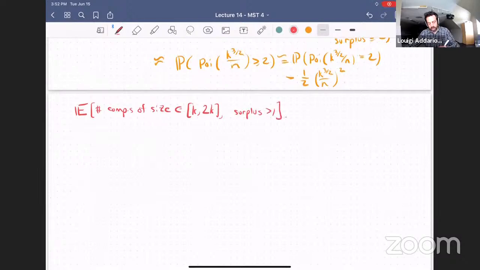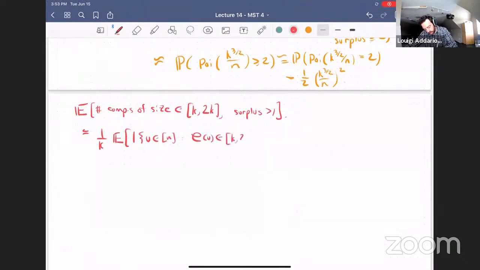I can count components, or I can count vertices in those components, and there's a factor between k and 2k that relates them. So that's roughly like 1 over k times the expected number of vertices that have component size between k and 2k, and surplus bigger than 1.